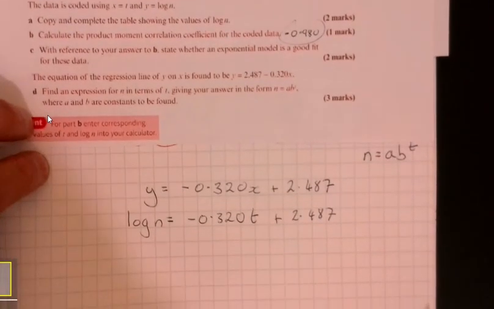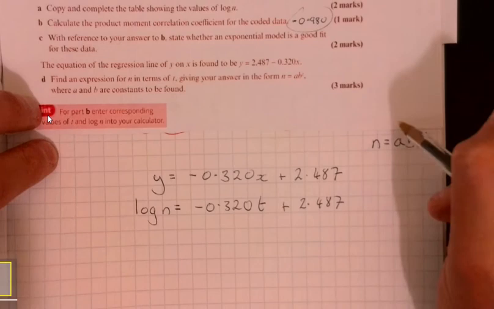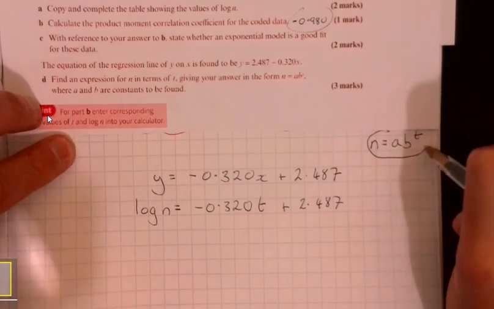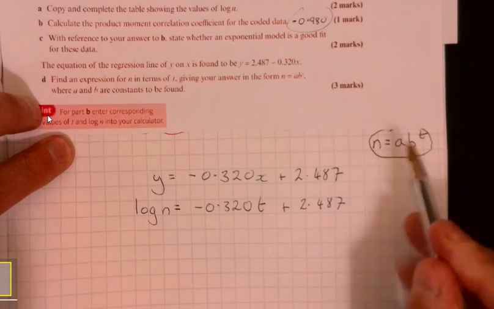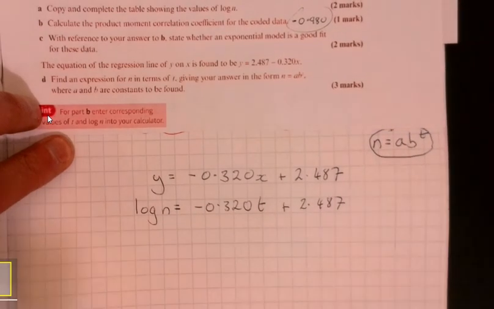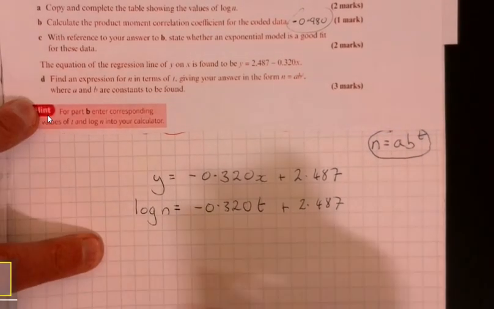Now, this is the nice bit. This is what you really need to get into the idea of doing: thinking about how this corresponds over here. So let's take the log of both sides, something that we've talked about before.